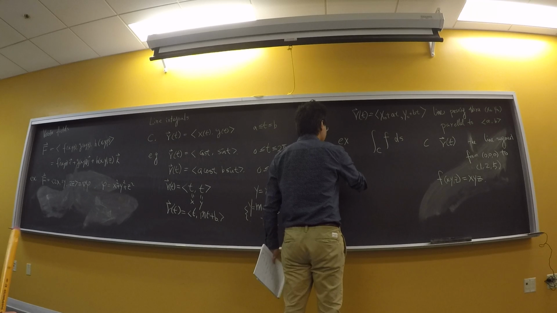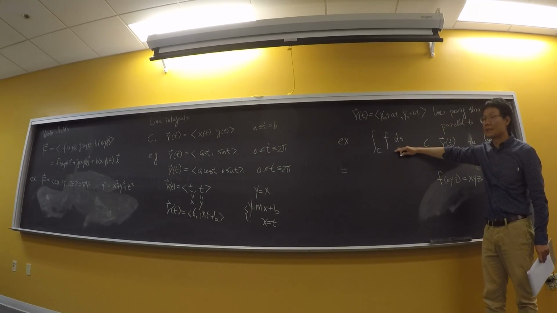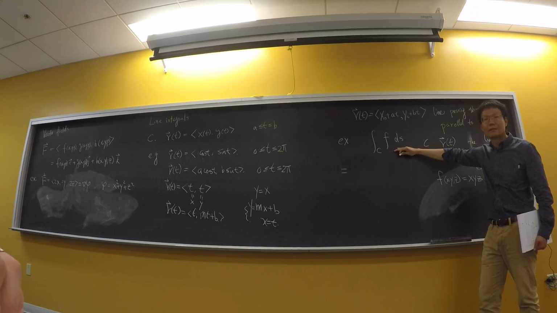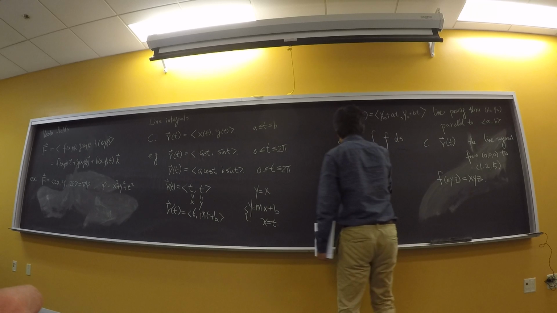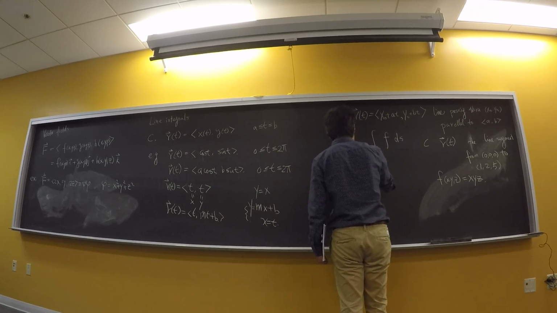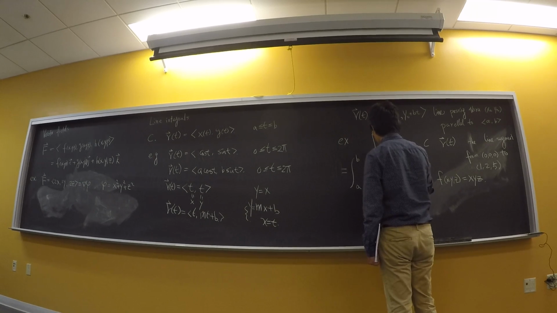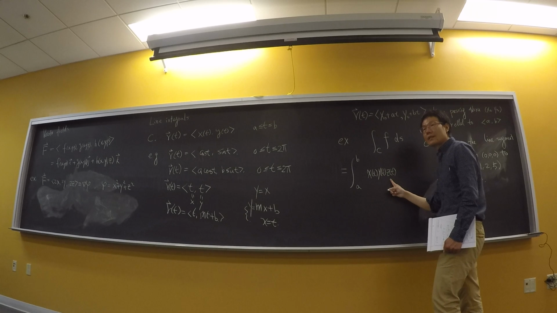First of all, we have this formula to translate this line integral to an integral involving the parameter t. All right? So it is an integral from the initial time a to terminal time b, where I have to change everything here into x(t) times y(t) times z(t), because this integrating function is x times y times z.